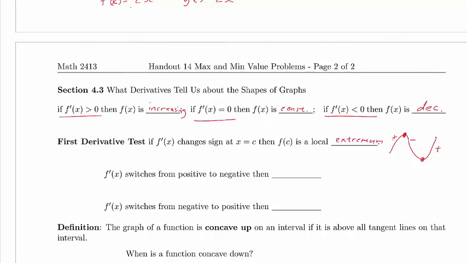And so we note that if the derivative changes from negative to positive, well, then we've got a local min. And if you go from positive to negative, like you do here, well, then you have a local max.